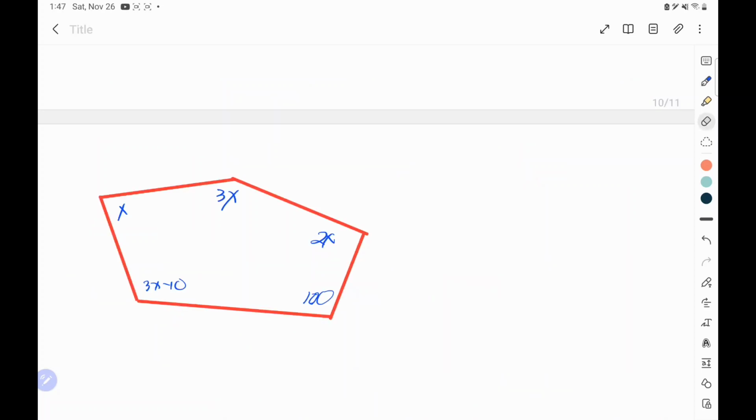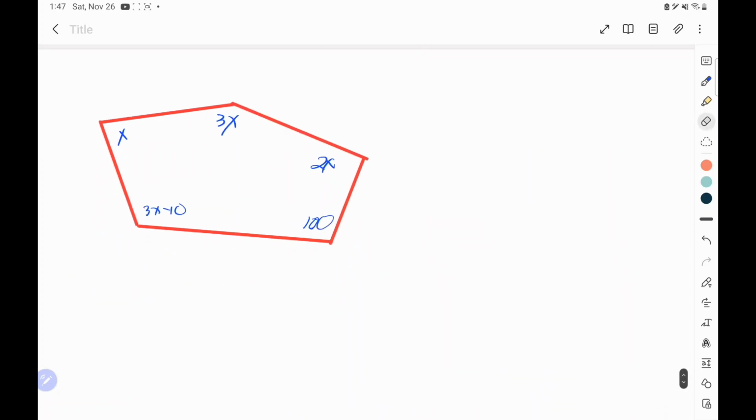If you're given a problem like this, for example, and they are asking you to find the value of x, the first thing we need to do is find the sum of all angles inside a pentagon. That looks like a pentagon, right? How many sides do we have here?